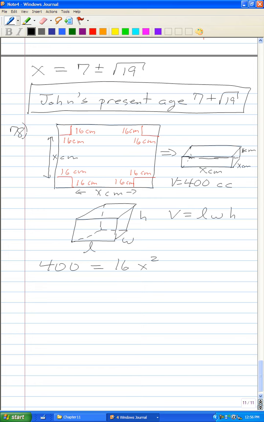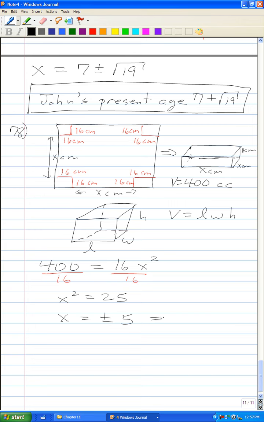So let me divide both sides of my equation by 16. Then I can solve for x. So I get that x squared equals 25. And so x is equal to, by the square root property, plus or minus the square root of 25, which is 5.